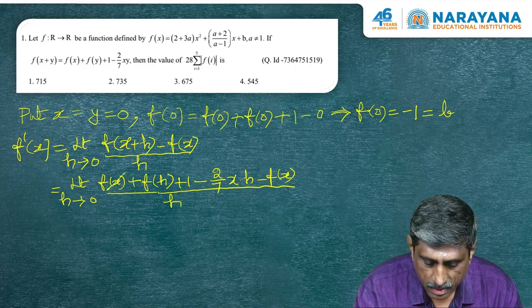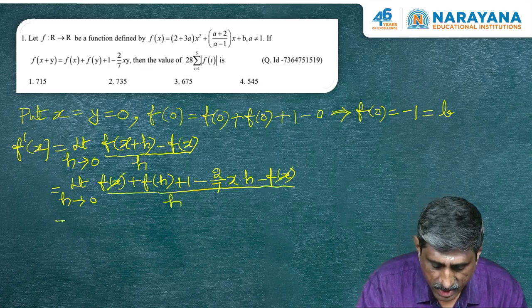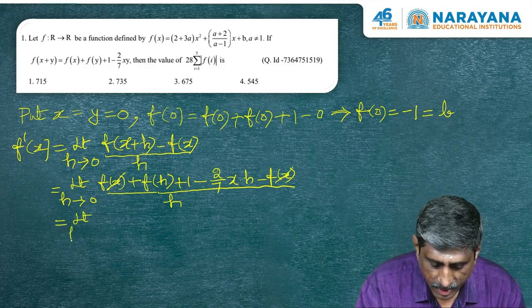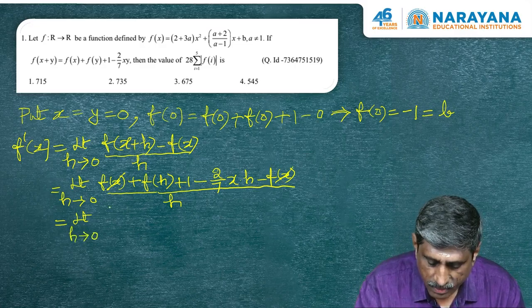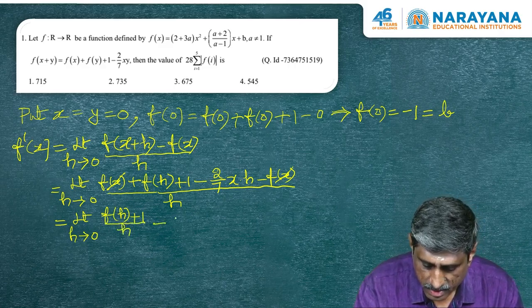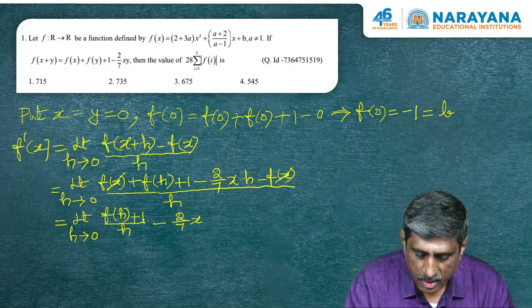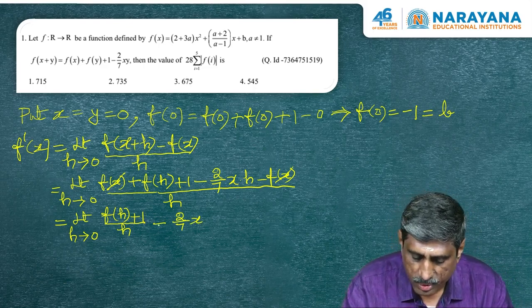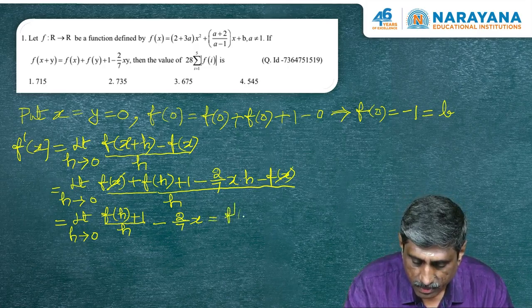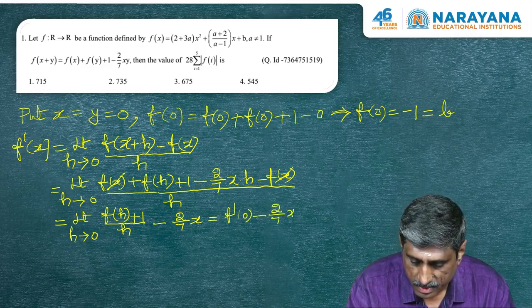And when we cancel f of x and f of x, we are getting limit h tends to 0 of f of h plus 1 divided by h, minus 2 by 7 into x after cancelling h, and this 1 minus 1 is equal to f of 0. Therefore, this part becomes f dash of 0 minus 2 by 7 into x.